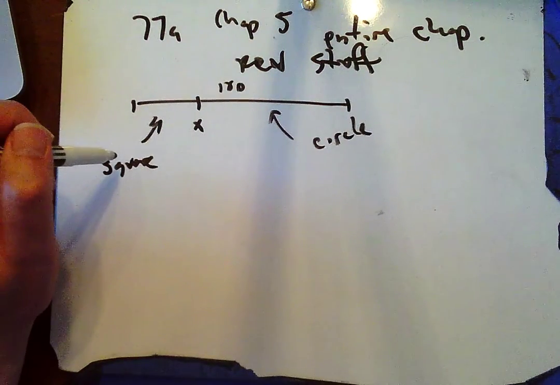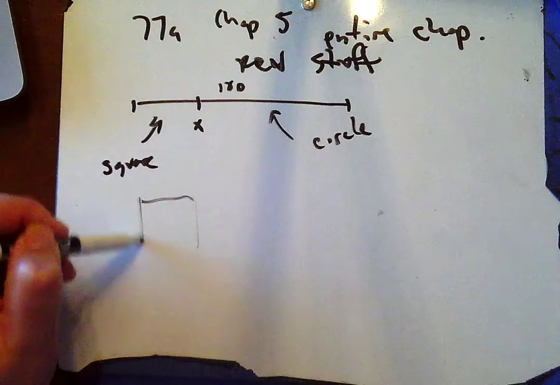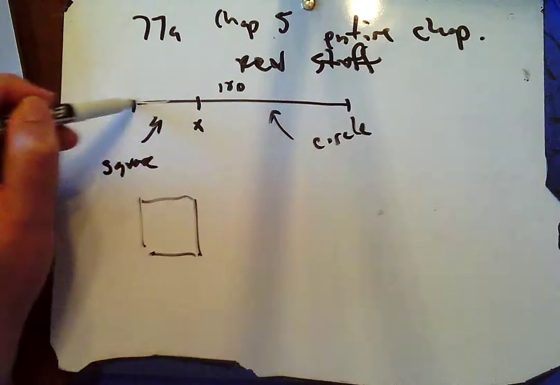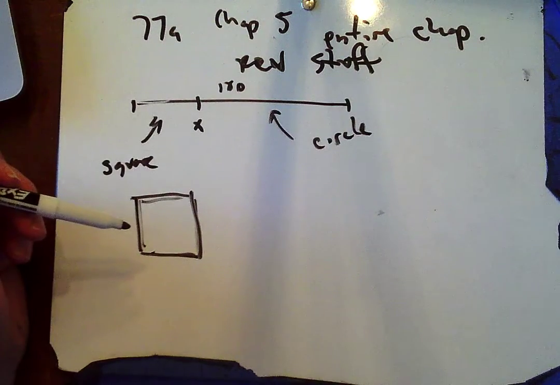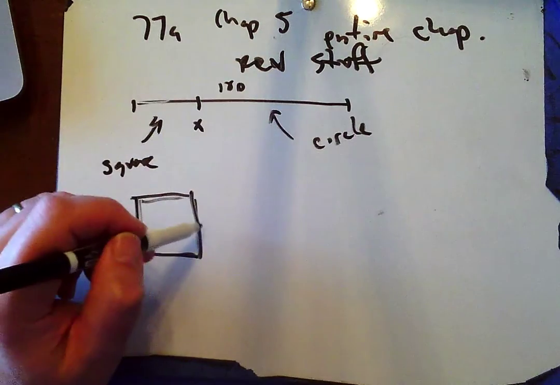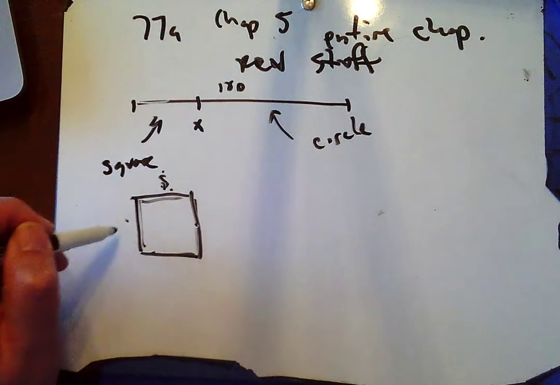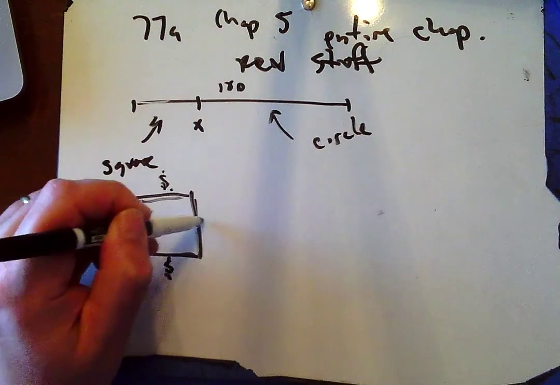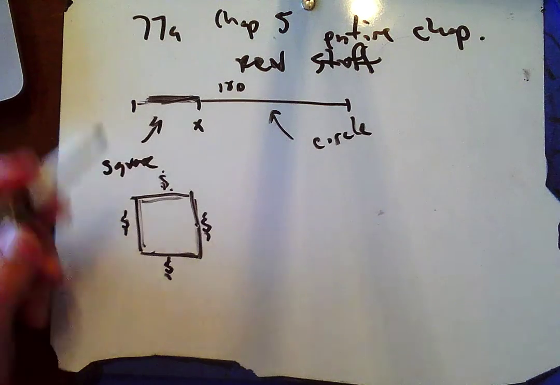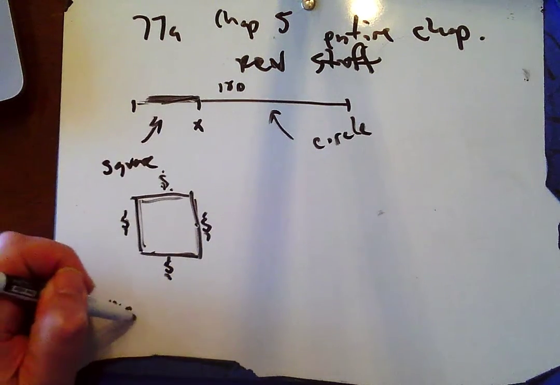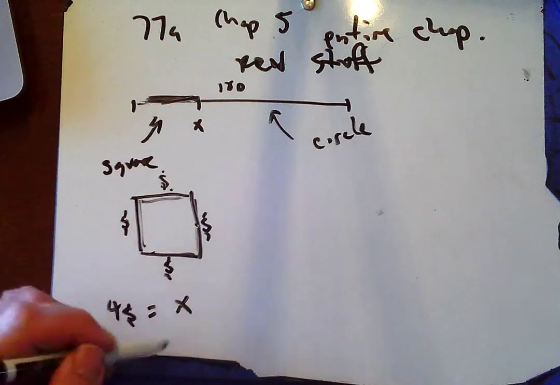I think about my square, and this amount has to go here, here, here, and here. So all of these sides should add up to that amount. Okay, so 4s should add up to x.